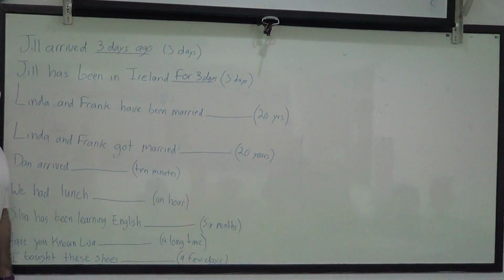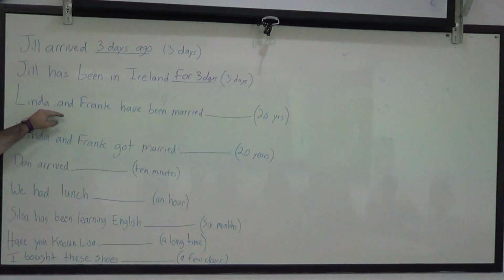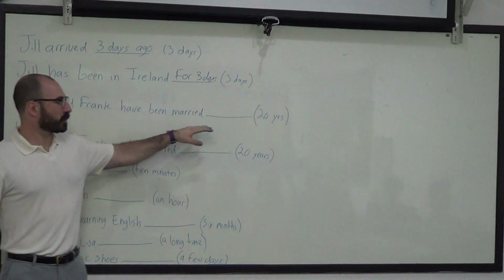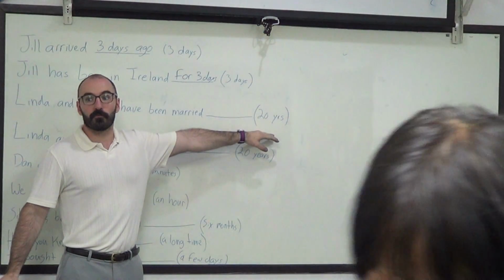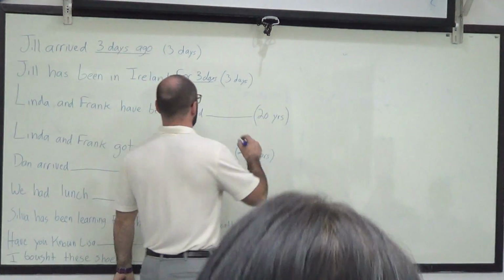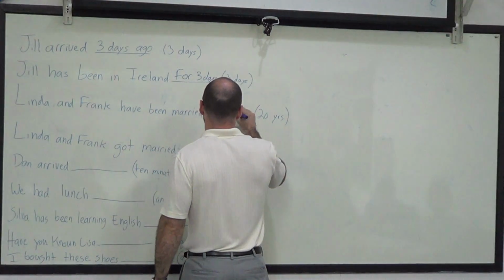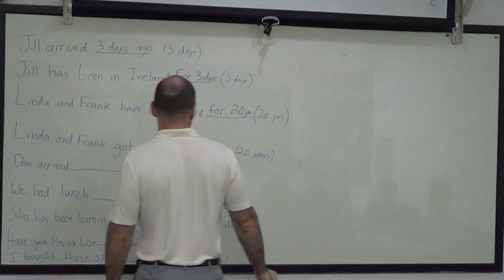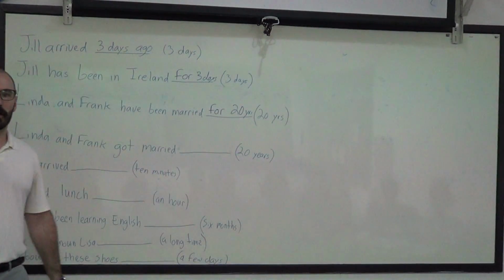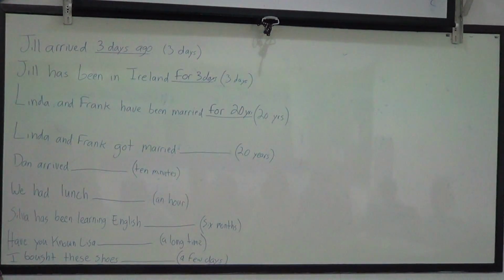Okay, now we're going to John. Linda and Frank have been married 20 years. For 20 years? Okay.